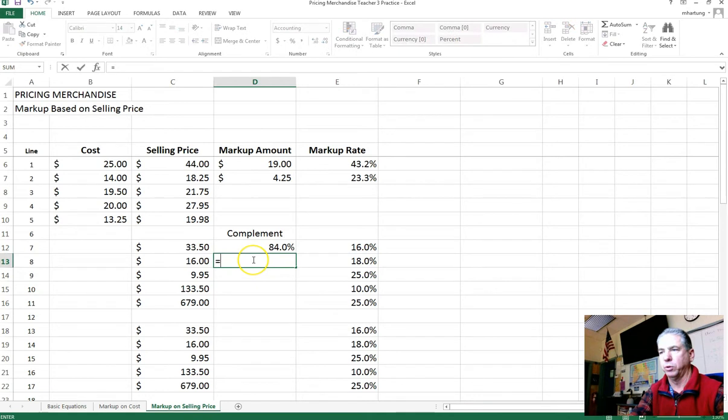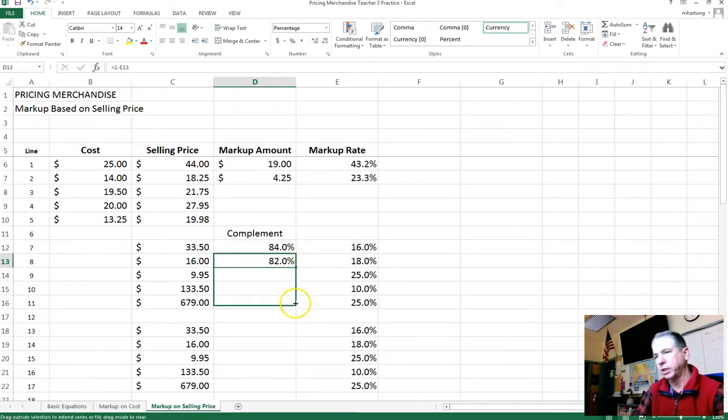Let's do one more. Complement of 18% is going to be 1 minus 18, 82%. So you can do that for each of those. I'm going to go ahead and just copy those. So now we have all of our complements.